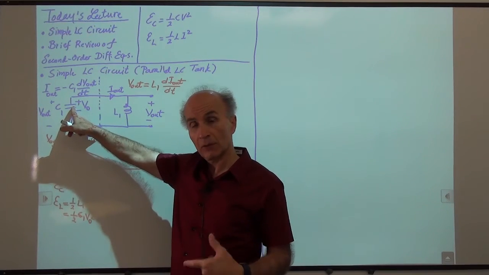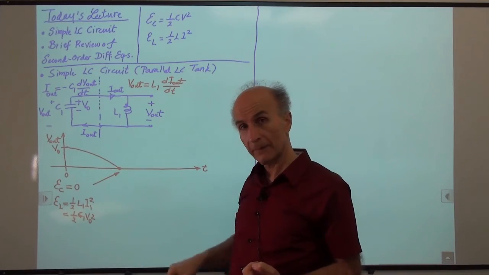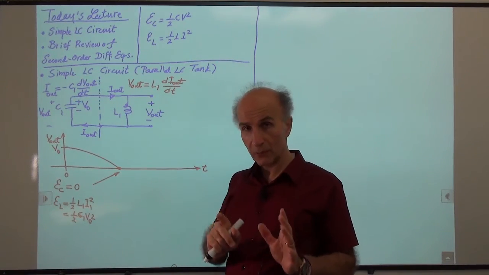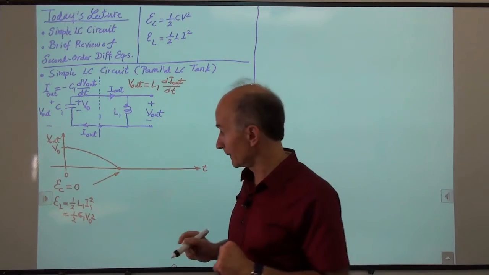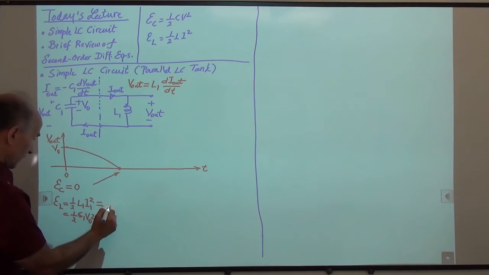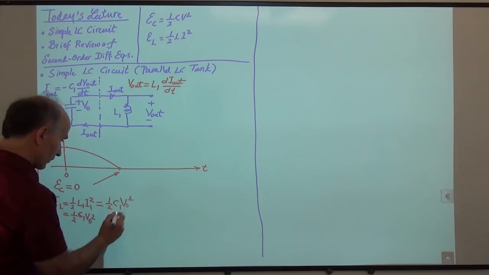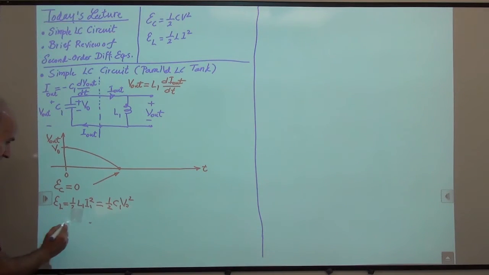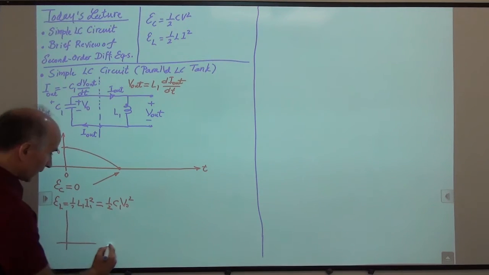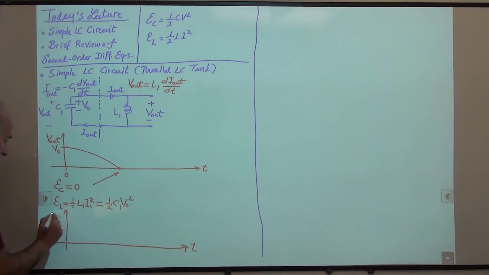So the voltage on the capacitor should change beyond this point. And that's true. So let's do it step by step so that we're not confused. I'm going to plot the voltage on the capacitor as well. I just need more room, so I will erase this part here. And let's try to plot I out down here.